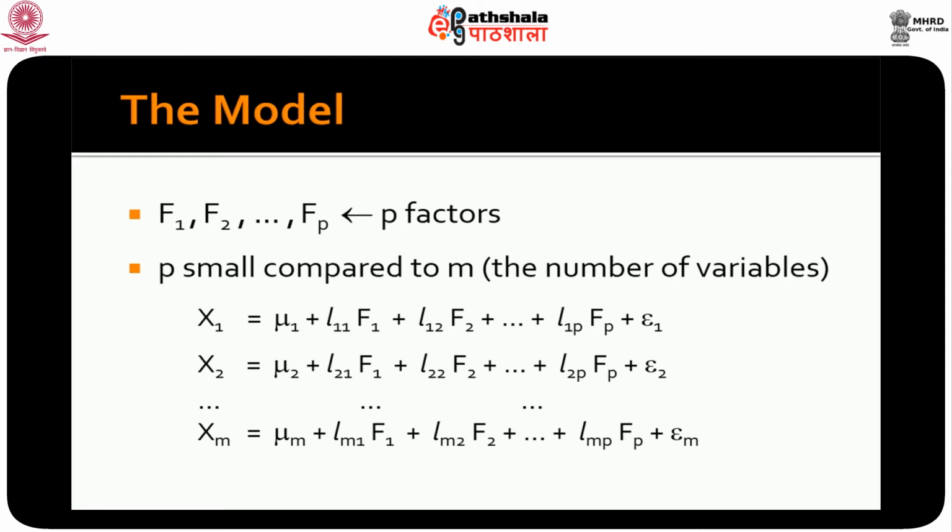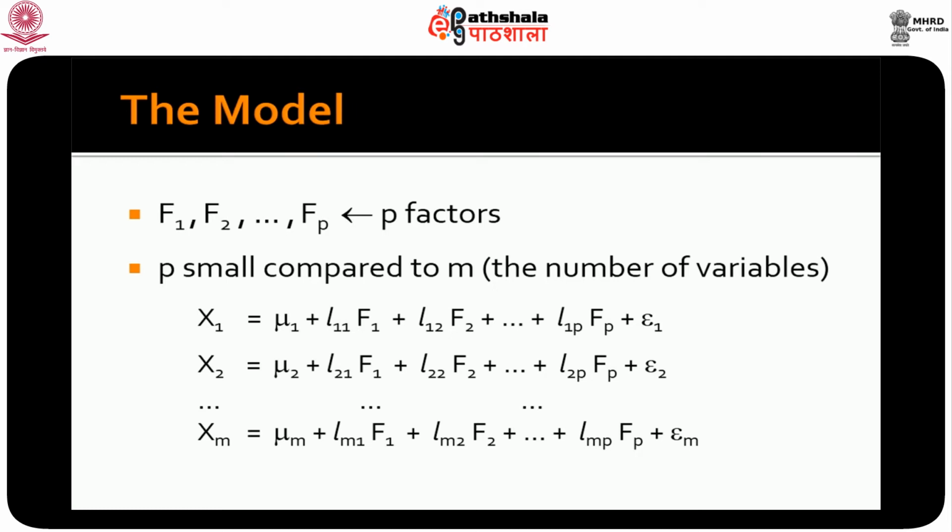The first variable x1 is given by mu1 plus L11 f1 plus ... plus L1p fp plus epsilon 1. Mu1 is the constant here, and we will see that it plays the role of the mean, and the Lij's are basically the coefficients. So, this gives us a linear combination of the p factors, which gives us x1.